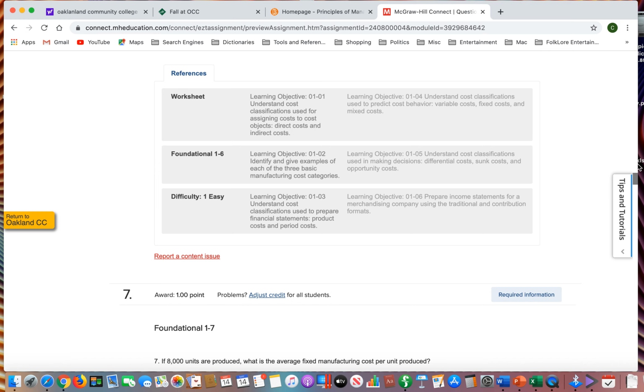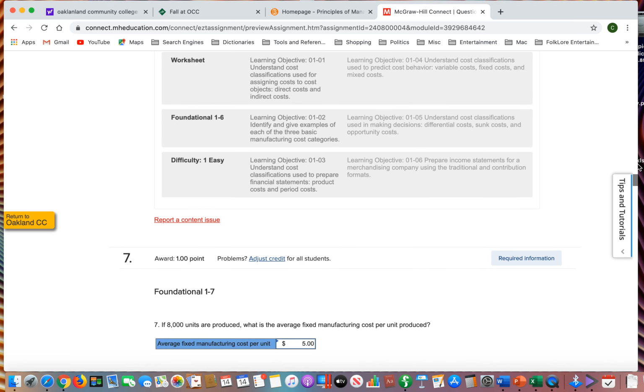Okay? Not the fixed administrative, but the fixed manufacturing cost. Let's take a look here. It says $5. Now, where does $5 come from? We have $4. If you remember the amount of fixed overhead at 10,000 units, at 10,000 units, it's $4.